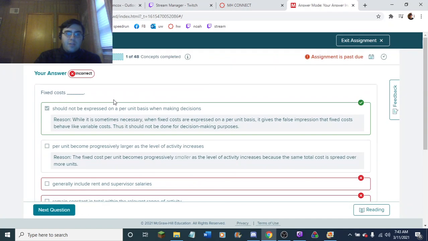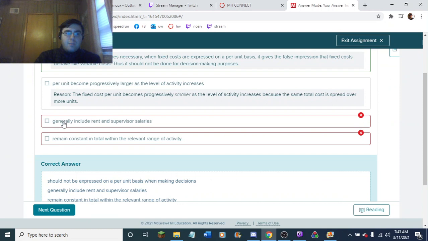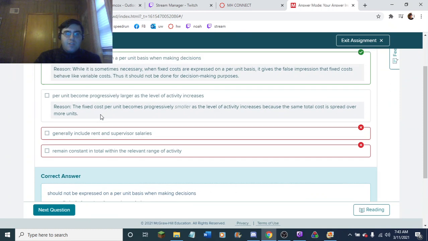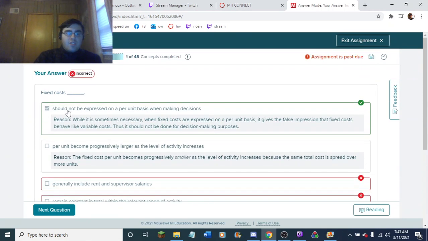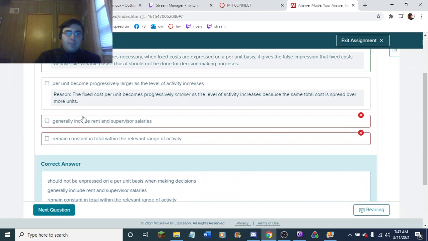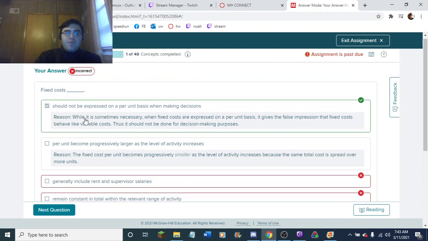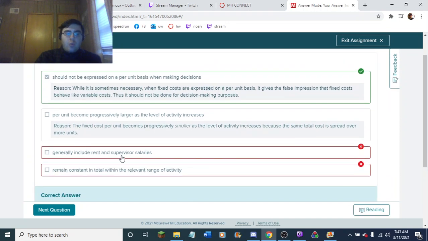Okay, so the right answer is all of them except for this one. Fixed costs should not be expressed on a per unit basis when making decisions. The fixed cost per unit becomes progressively smaller as the level of activity increases. Fixed costs, which generally include rent and supervisors' salaries, remain constant in total within the relevant range of activity.